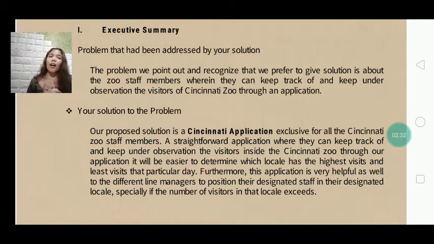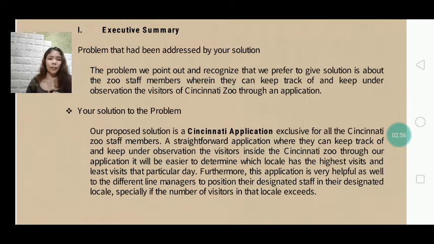In this era of rapid technology advancement, we believe that our proposed solution is not just another application. This app benefits both the zoo staff members and the zoo management.